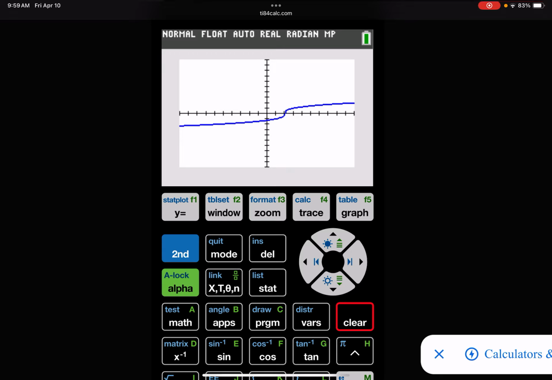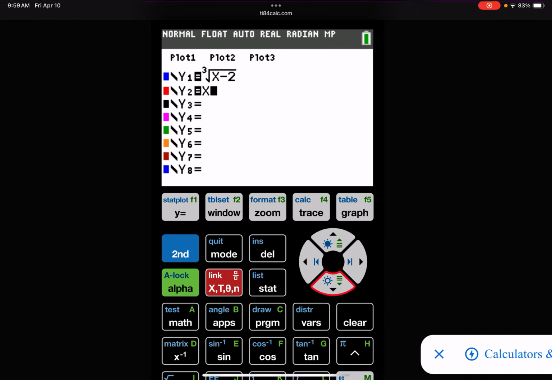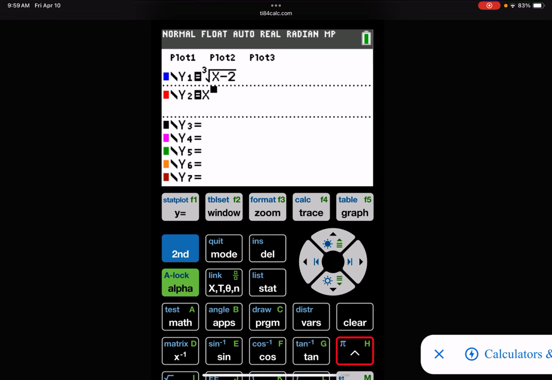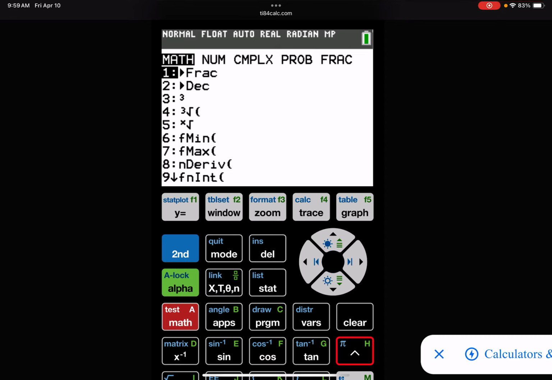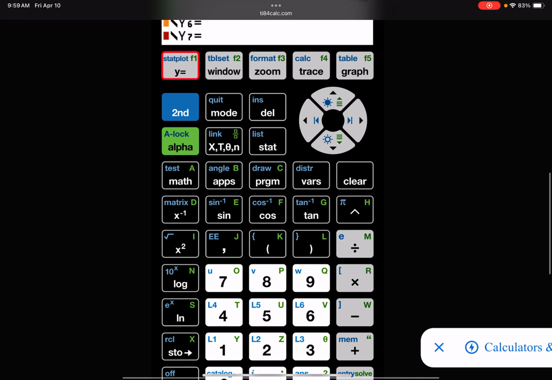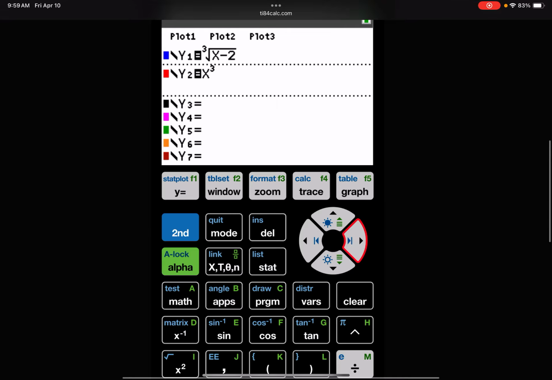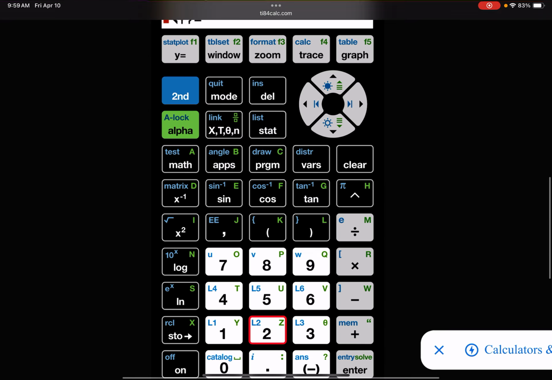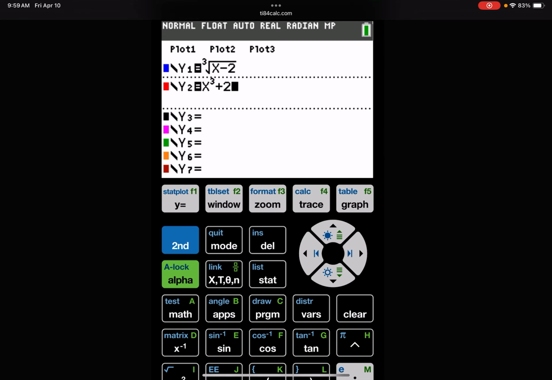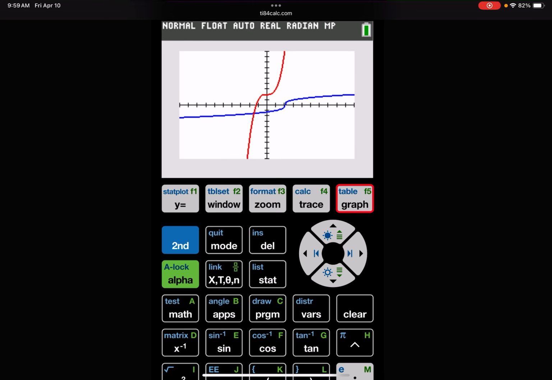So now the other function was x cubed plus 2, right? So that was the inverse function we just found. So I'm going to hit graph. And so there is the inverse function in red.